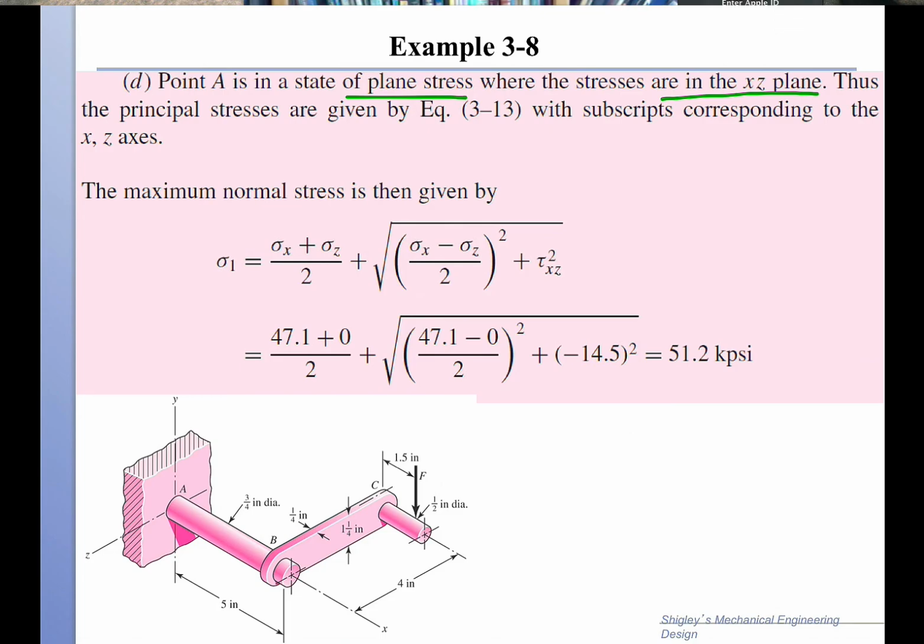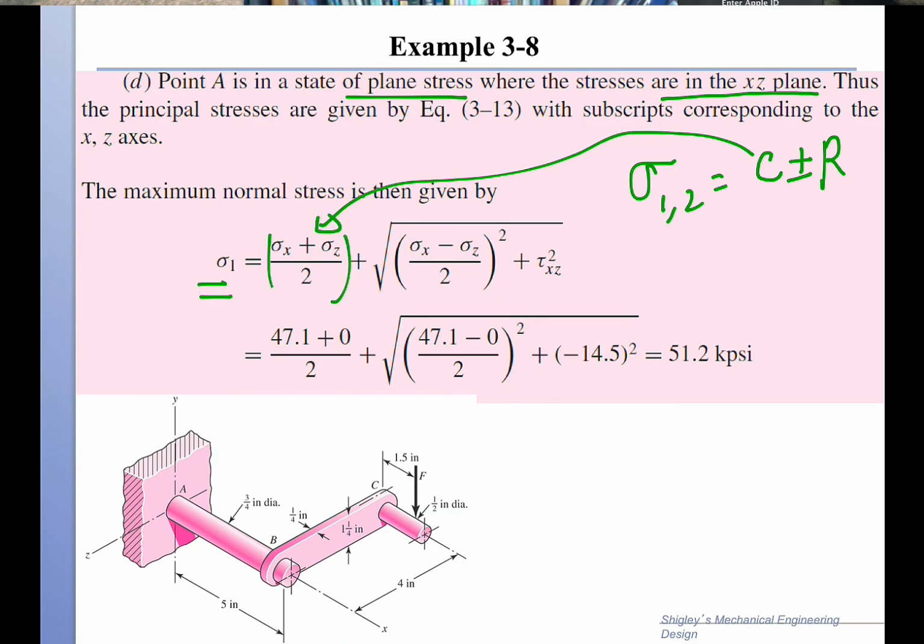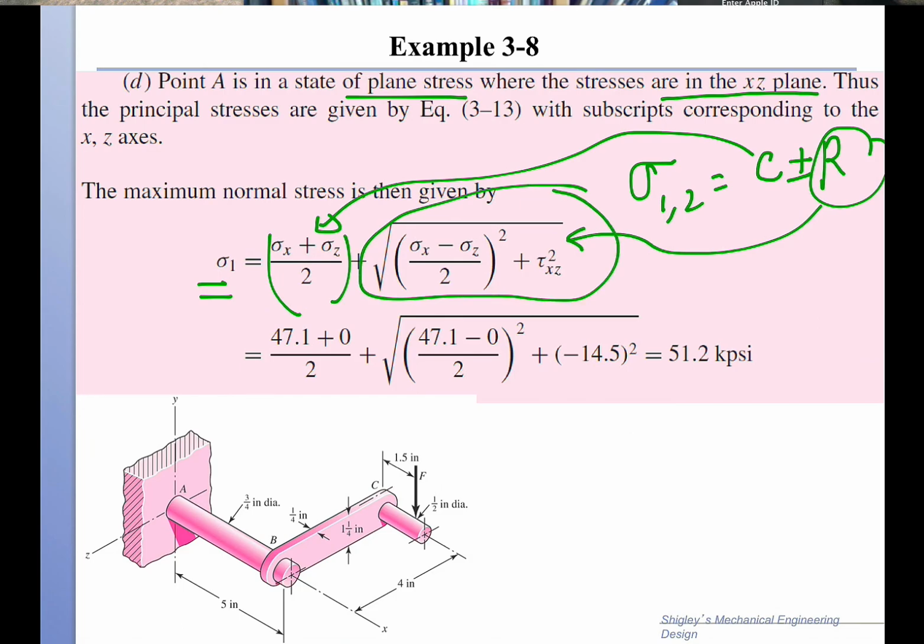According to our knowledge of the Mohr circle, the maximum stress sigma 1 is, remember, sigma 1 and 2 are C plus or minus R, where C is the center of the circle, which is the average stress, sigma x plus sigma z over 2, and R is the radius of the circle, which is the square root of sigma x minus sigma z over 2 squared plus tau squared.